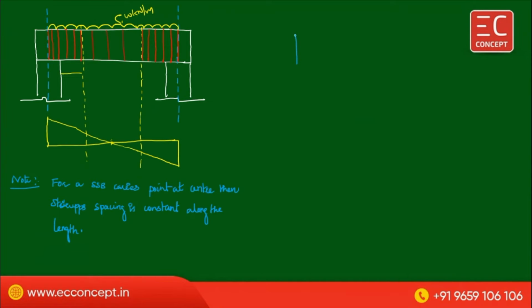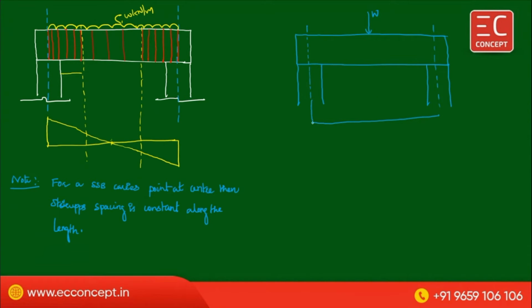A simply supported beam subjected to a point load W at the center, and this is the center line of the support. Then how is the shear force distribution diagram?